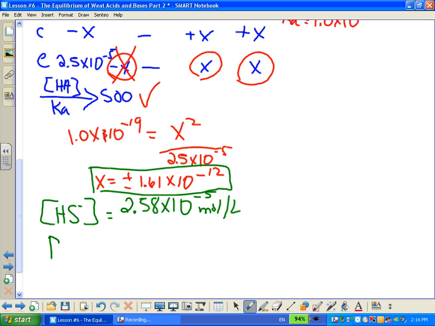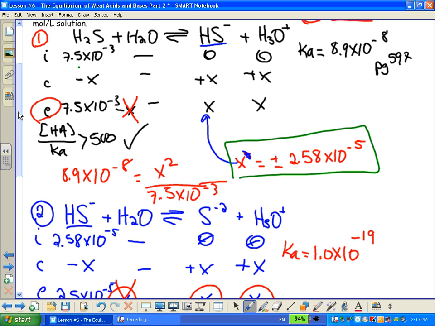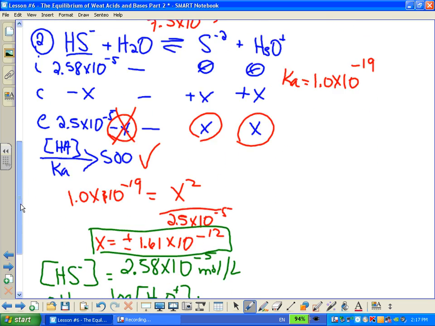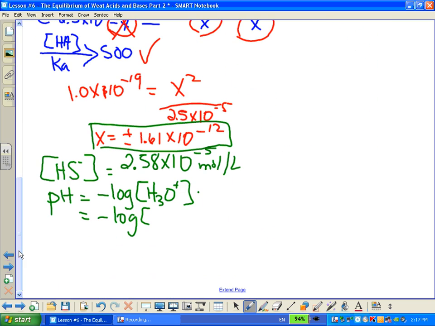So we only take the pH of the first one. So remember, to find pH, we're going to take negative log of the concentration of our H3O plus. So again, this X represents not only the concentration of our HS minus, but it also represents the concentration of our H3O plus, our hydronium ions. So we're using that value in here to calculate our pH.